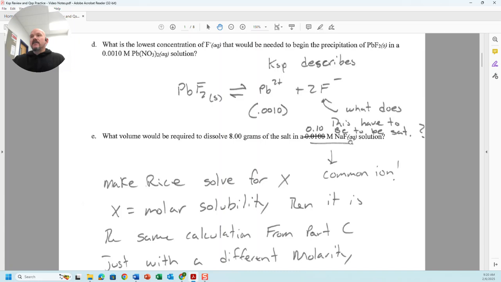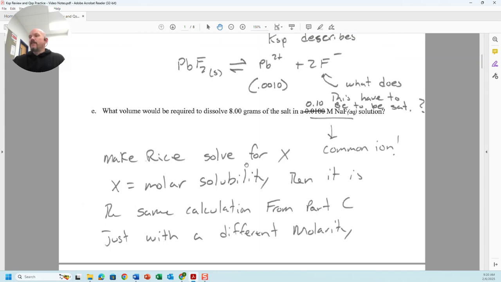but in a solution that already has fluoride in it, right? In a 0.1 molar solution of sodium fluoride. So we have to recognize that fluoride's a common ion. Again, if you make a rice chart for a Ksp reaction and you get your equilibrium concentrations in terms of S or X, once you solve for that, X is the molar solubility.